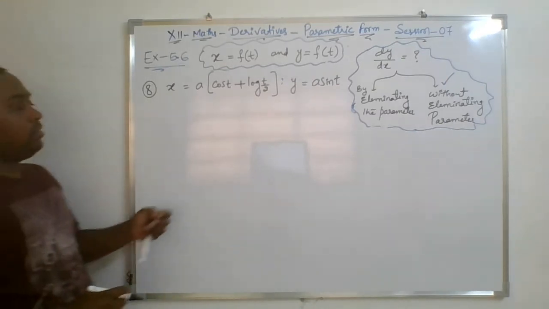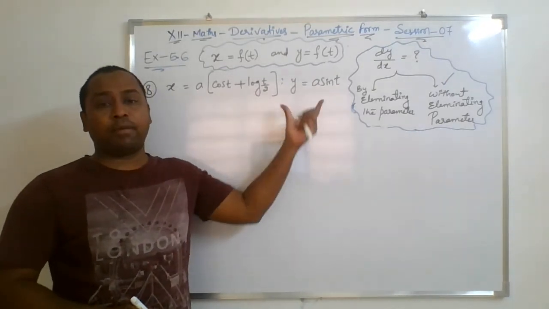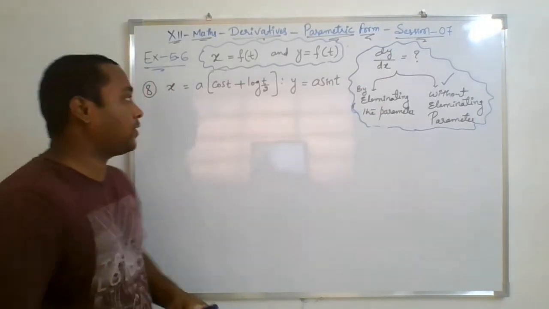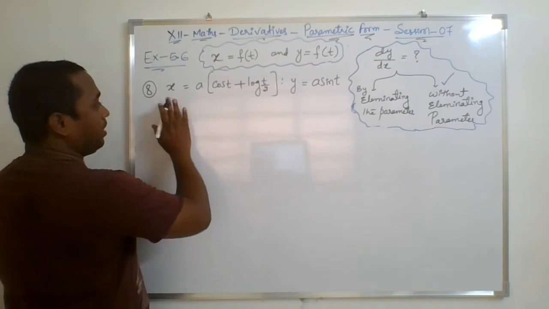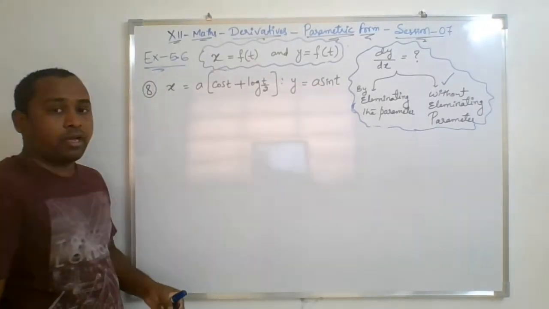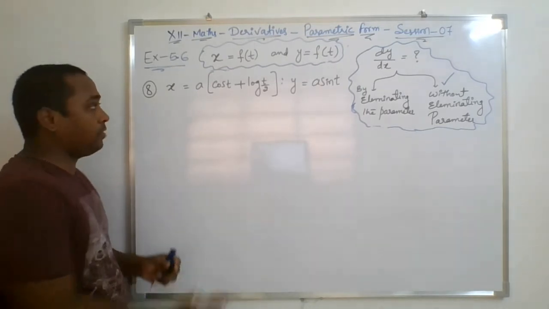Again, without eliminating the parameter, you need to find dy by dx. Again, the same way, x is a function of t, y is a function of t. Hence, we are going to take the derivative with respect to t.